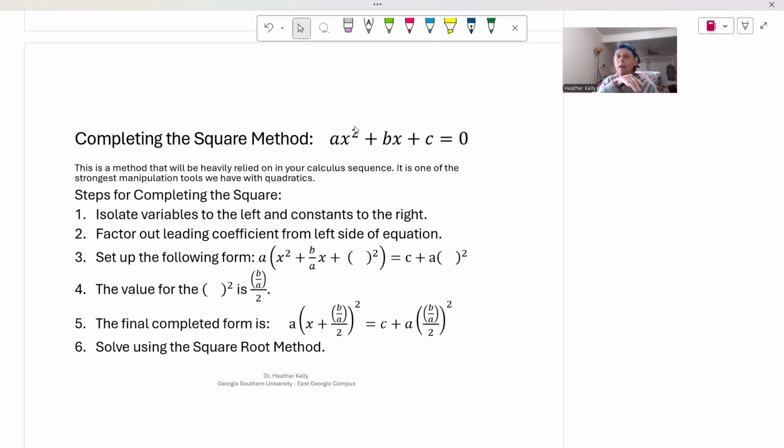Then you're going to set up this really weird form that I have written here, which shows where I've pulled out the constant. And I don't want you to think, where in the heck did she get this from, right? If I have ax squared plus bx, and I divide, which is the same thing as factoring it out, I divide both pieces by a, then I wind up with a times x squared plus b over a times x, right?